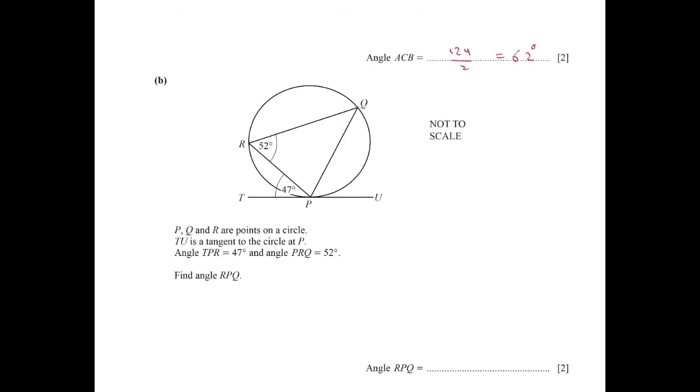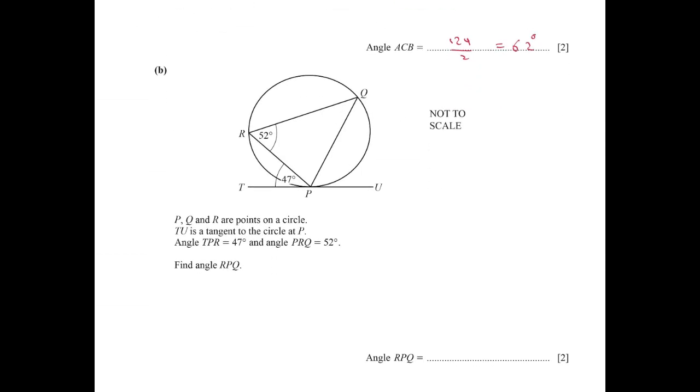Part B. Find the measure of angle RPQ. He needs to know the measure of this angle. 2 marks question. We know that angle Q is an angle of tangency. The measure of the angle of tangency is equal to the inscribed angle, measure angle RPT, which is the measure of the angle of tangency.